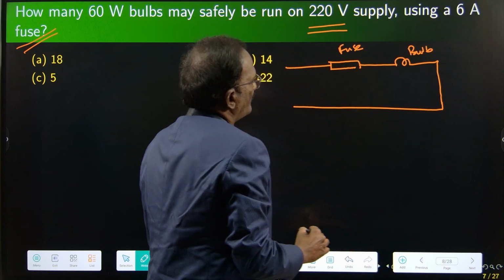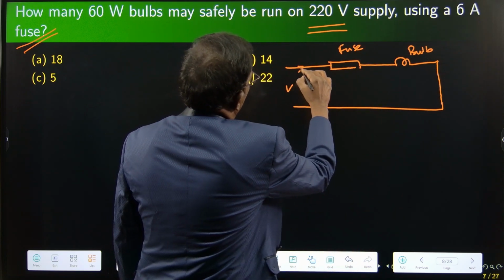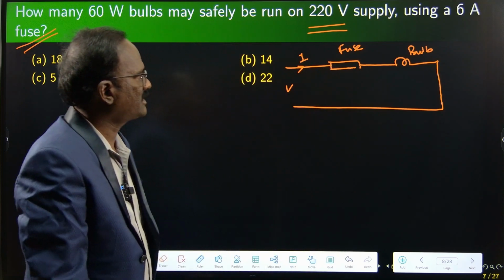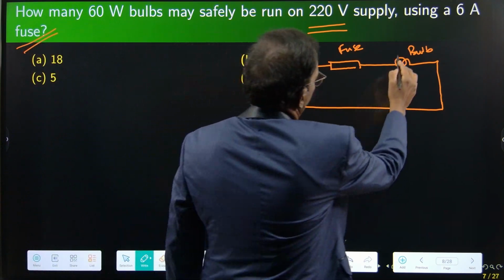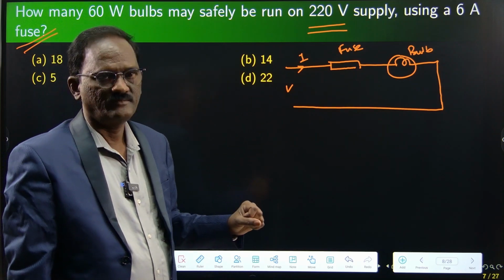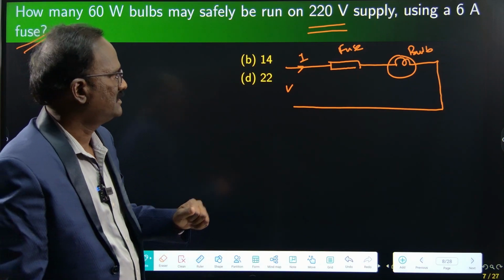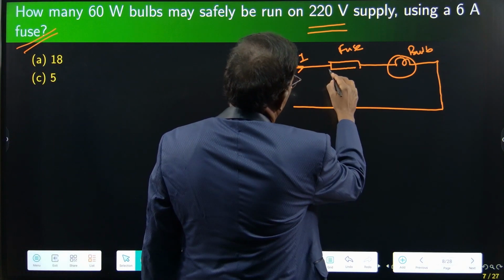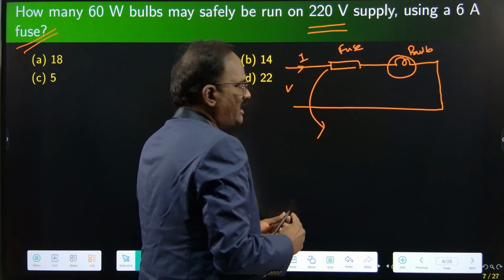This is V, and this will send one current I to the bulb. The fuse will protect the bulb from excessive current. Usually the fuse will have a high melting point.